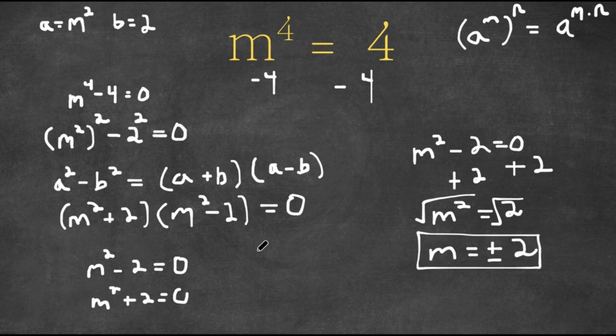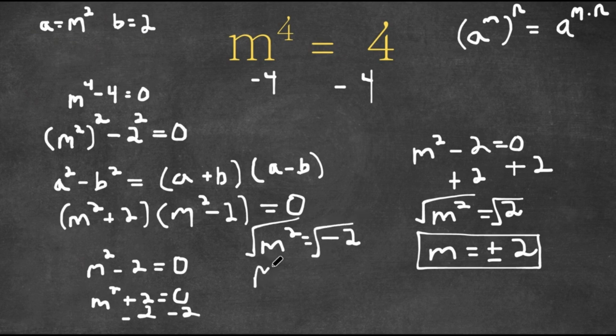Now let's go ahead and do m squared plus 2 equals 0. If I subtract 2 on both sides, I get m squared equals negative 2. Now if I take the square root on both sides, I get m is equal to the square root of negative 2.